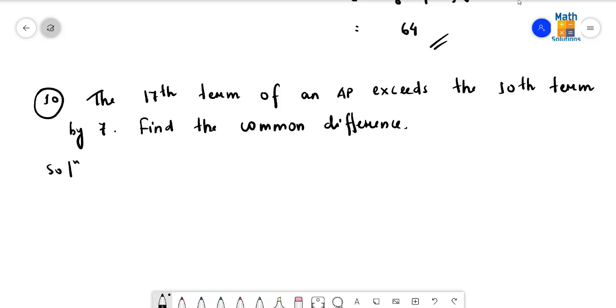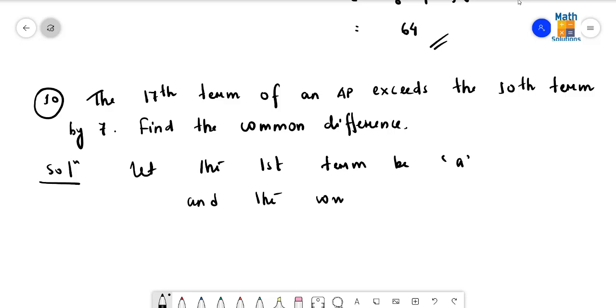So here in this case, no first term, no common difference is given. Only one condition is provided, that the 17th term of the AP is 7 more than the 10th term. So I just have to consider, let the first term be small a and the common difference be small d.